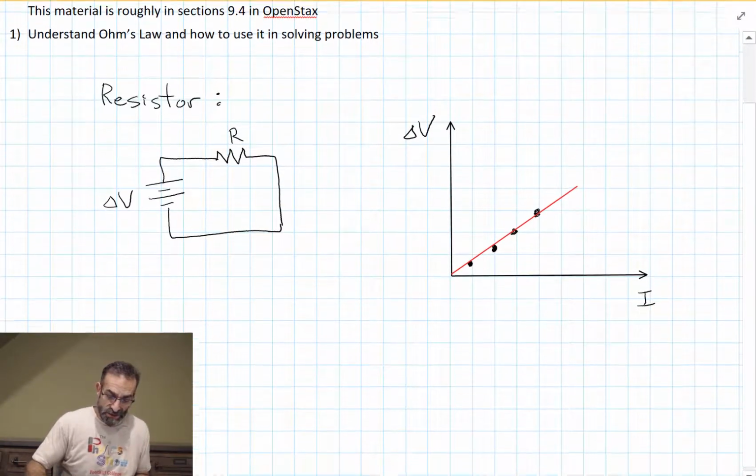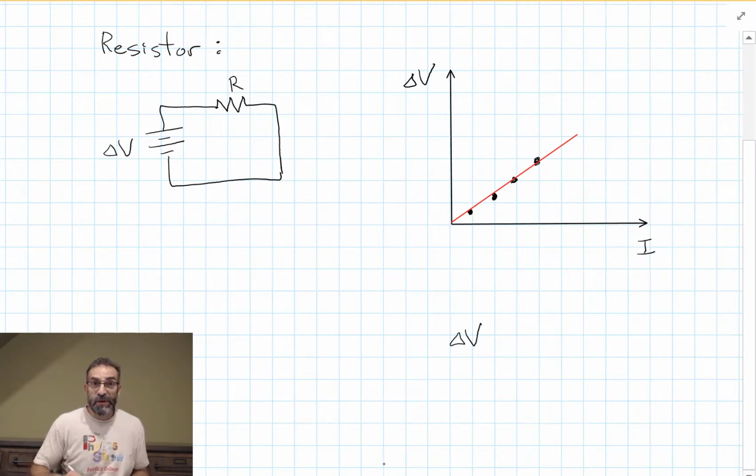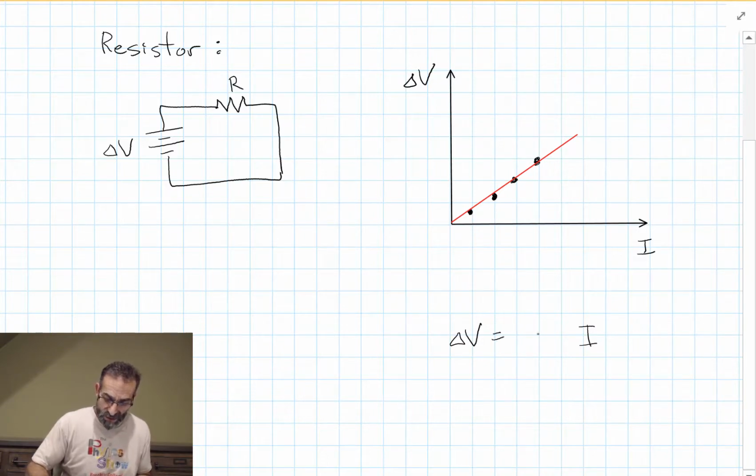This relationship tells us that the potential difference across our resistor is proportional to the current. And we like to write this as an equality, so we put our proportionality constant here. What is the proportionality constant?